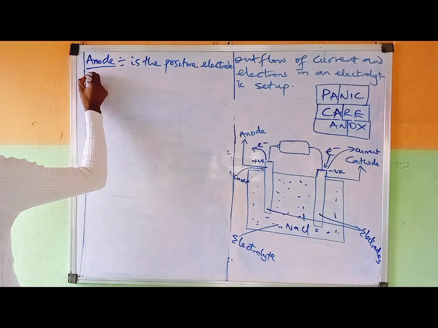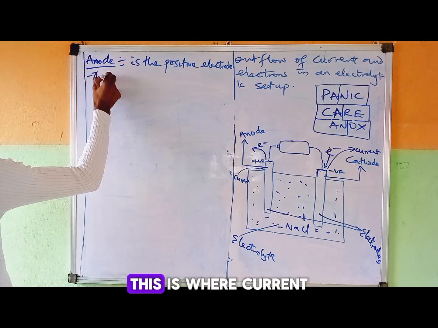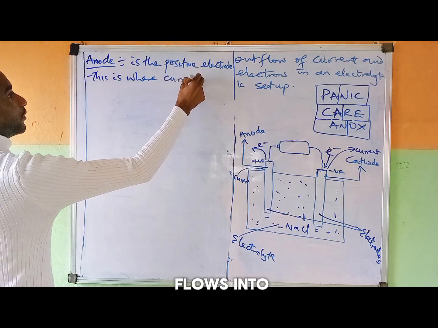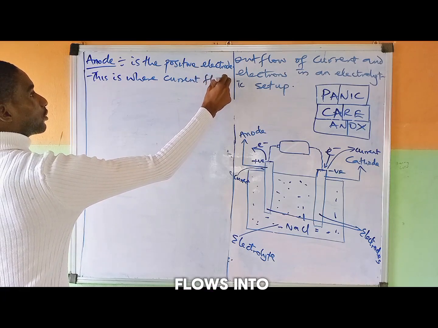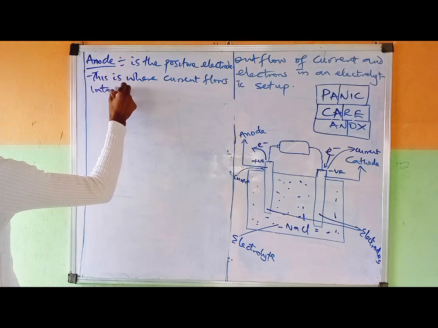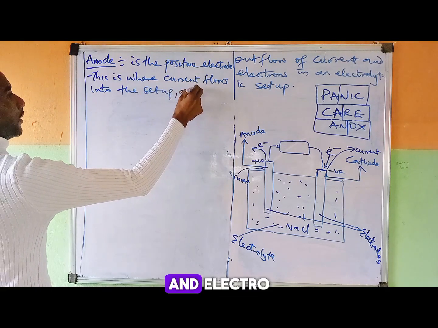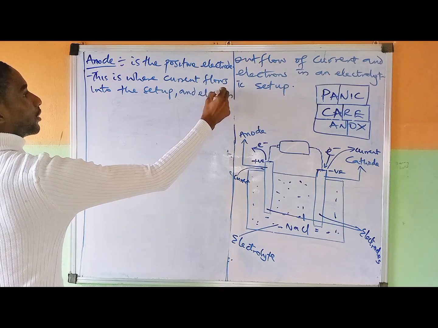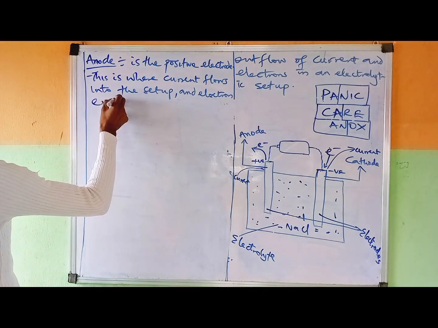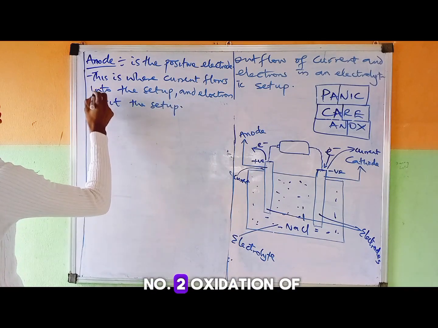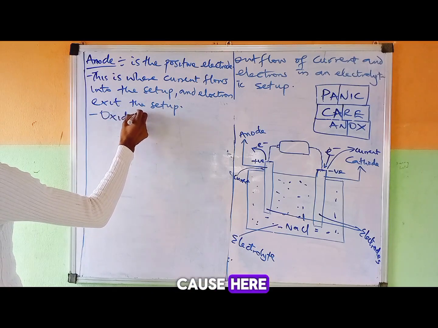This is where current flows into the setup and electrons exit the setup. That's number one.